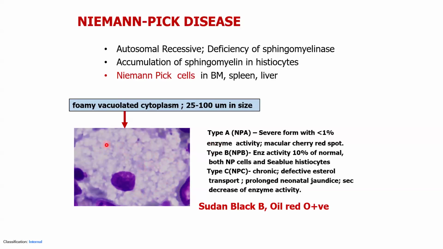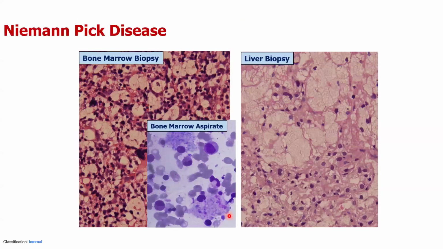If it's a foamy vacuolated cytoplasm, it's Niemann-Pick disease. If it is a crinkled tissue paper appearance, then it is Gaucher's disease. There are three different types: type A, type B, and type C, and they can be stained with Sudan black B and oil red O. So these are pictures of the Niemann-Pick cells in the bone marrow aspirate and the bone marrow biopsy. This is a liver biopsy showing the Niemann-Pick cells.